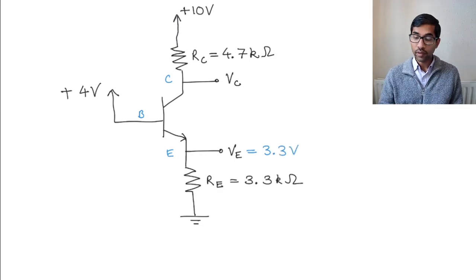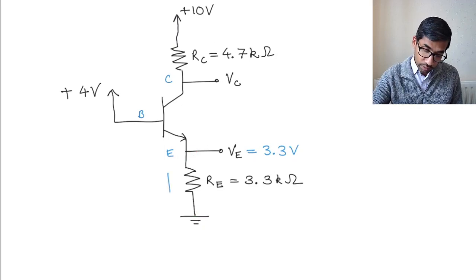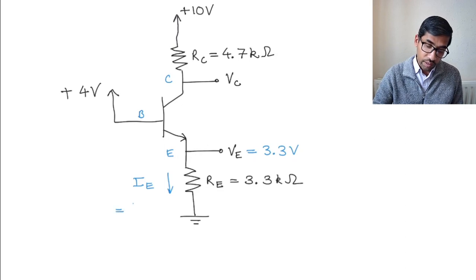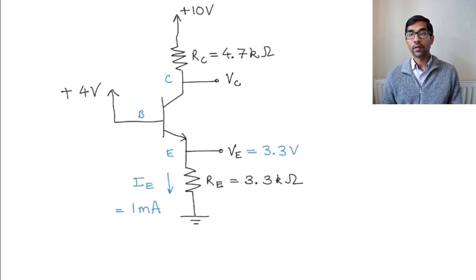Now, if VE is 3.3 volts, what will be the current flowing through this resistor? The current flowing through this, let's call it IE, is going to be 3.3 volts divided by 3.3 kilo ohms, which is going to be 1 milliampere.